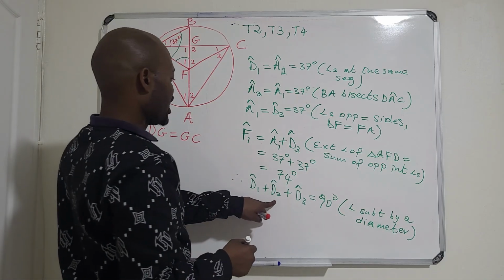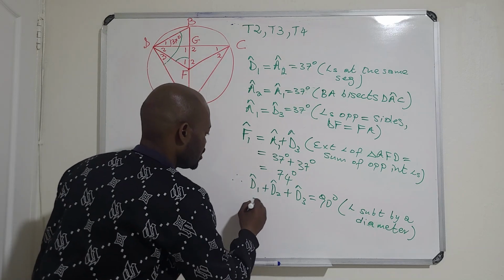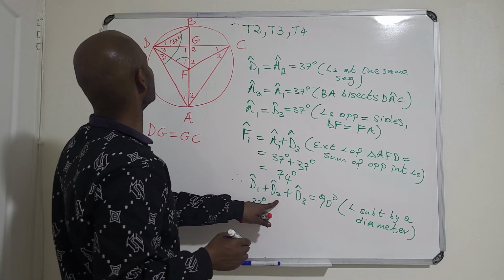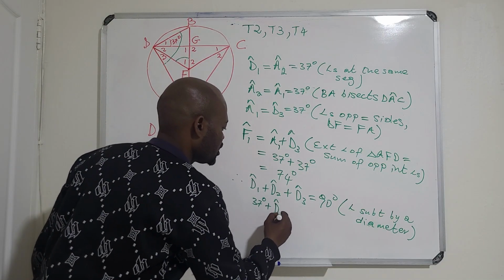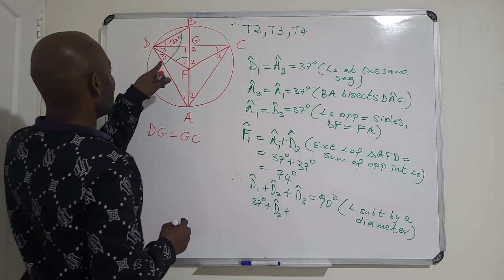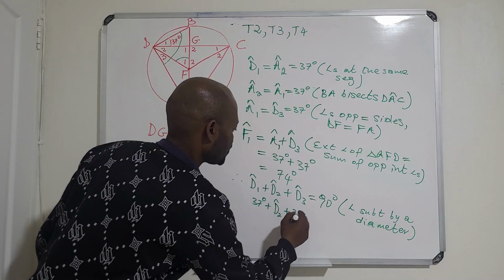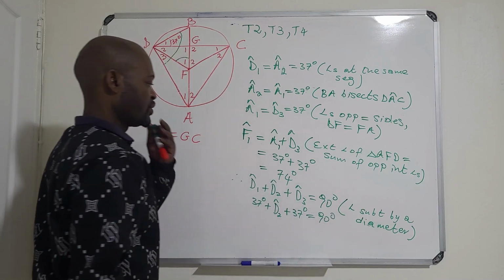Now, we find angle D2. We know angle D1 is 37 degrees, plus we know angle D2. We don't know angle D2. We are looking for it. Angle D3, we know it is 37 as well, which is equals to 90 degrees.